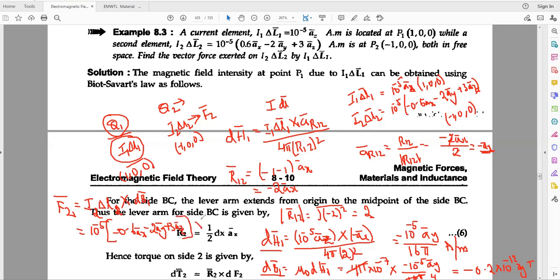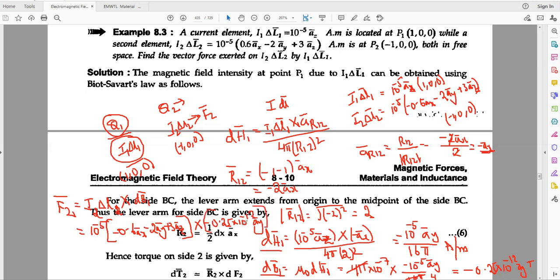Now the cross product with dB1 bar. What is dB1 bar? We got -0.25, sorry, 1 by 4 is 0.25, into 10 power -12 AY bar.